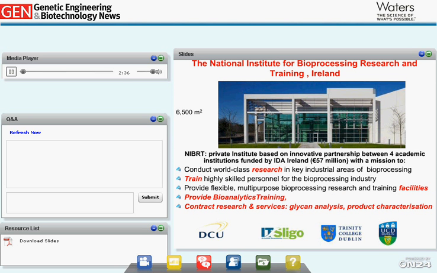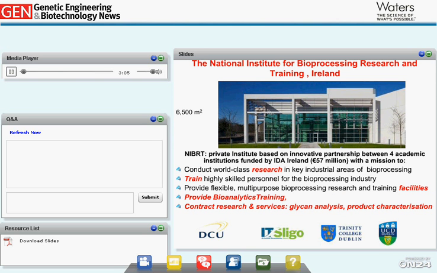The idea of NIBRT is that we will conduct world-class research in key areas of bioprocessing, and that we will have a facility to train highly skilled personnel for bioprocessing and also to provide flexible multi-purpose research and training facilities. Our part in this enterprise is to provide bioanalytics training and in particular glycan analysis.